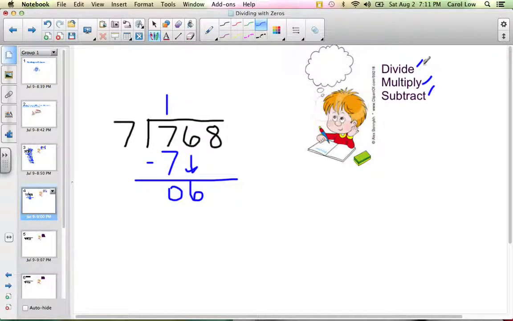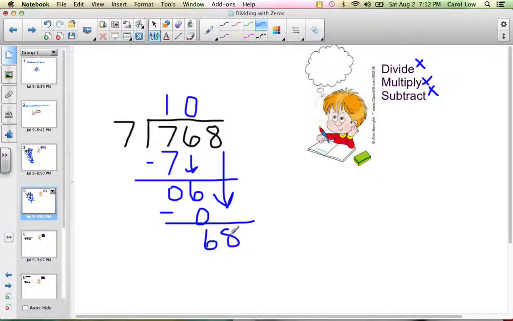And how many times now can 7 go into 6? Well, it can't, can it? So I'm going to put 0. Then I multiply. 0 times 7 is 0. And I subtract, and I'm going to mark that off over here. 6 take away 0 is 6. And then I bring down the 8.